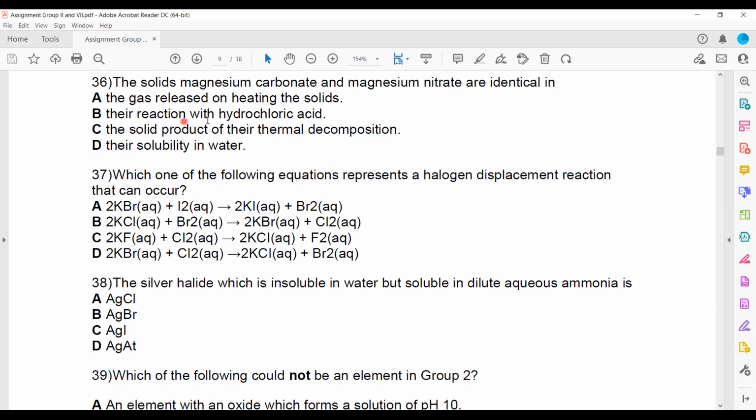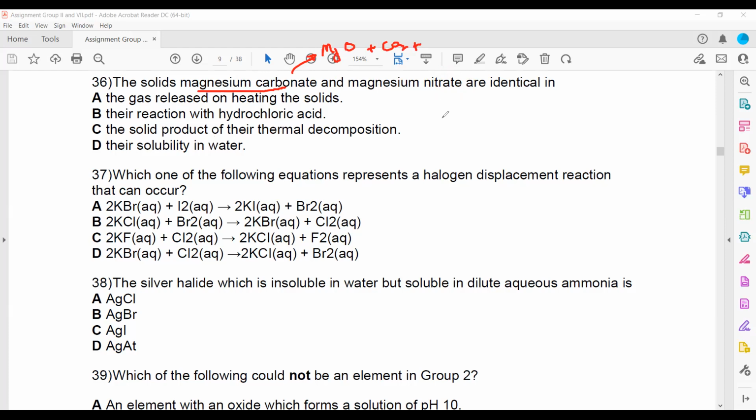Then their reaction with hydrochloric acid: this will form magnesium chloride plus carbon dioxide gas, which will be released, whereas this will form magnesium chloride plus hydrogen nitrate, like two solutions will be there. A solid product of their thermal decomposition, that's true, because if I decompose magnesium carbonate, the product will be magnesium oxide, the solid product, and carbon dioxide.